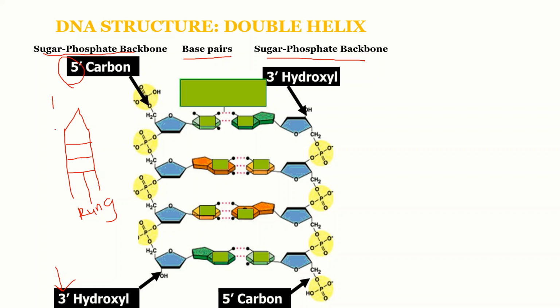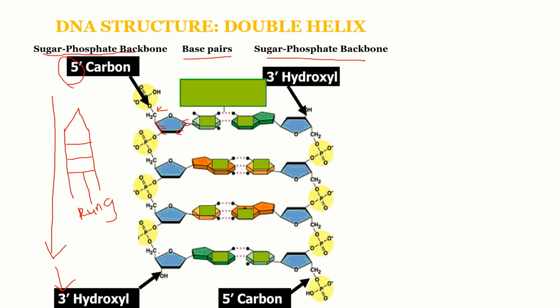That's a direction, and the direction comes from the position of the carbons. We usually number the sugar starting from the oxygen. This is carbon number 1, carbon number 2, carbon number 3, carbon number 4, and finally carbon number 5. That gives it the direction of 5'.